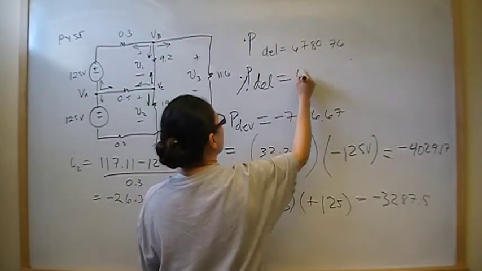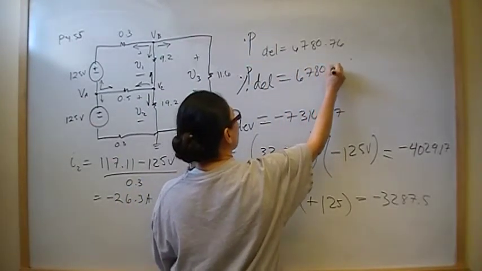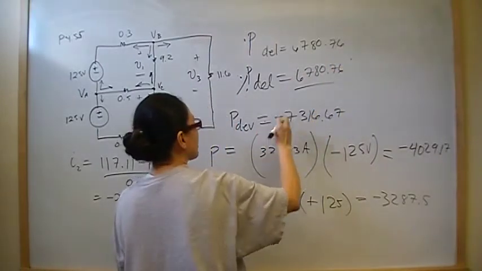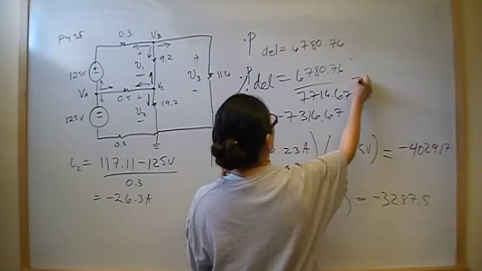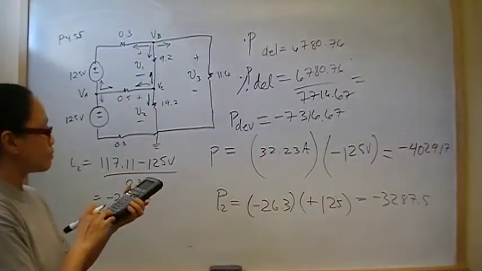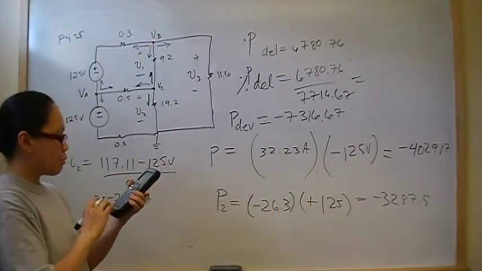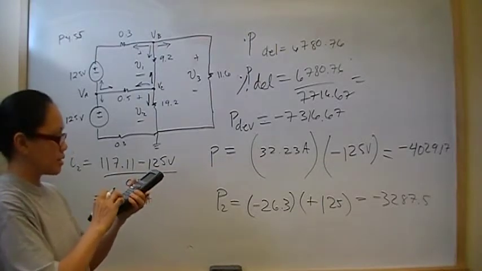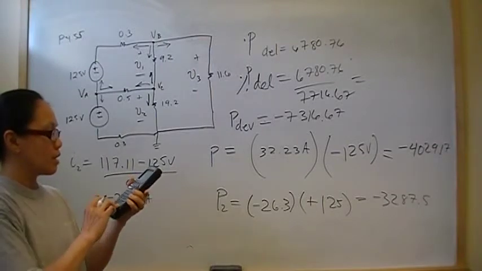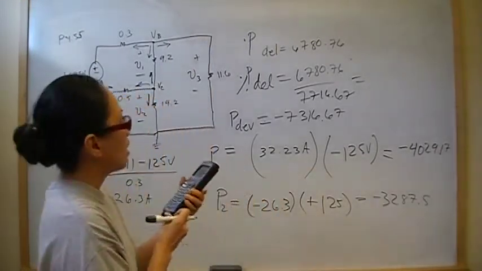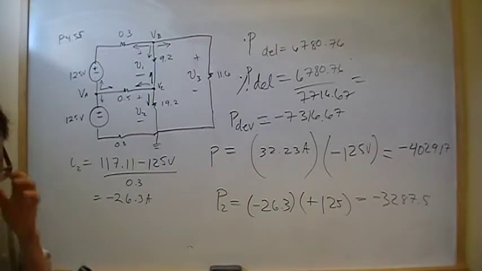So percentage power delivered is going to be 6780.76. We're looking for a ratio, so the sign doesn't matter. 7316.67. So we're going to go 6780.76, divide that by 7716.67, and okay, so I have a mistake somewhere.